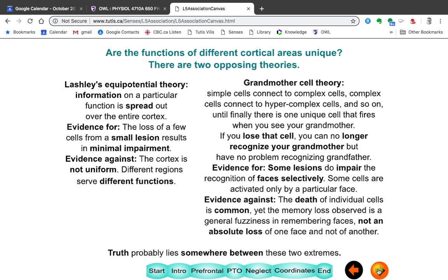It's not just one, because you lose cells from day to day. On average, a couple of thousand cells each day disappear for a variety of reasons, and you just don't wake up one day and forget grandma, but not grandpa. So there are many cells that store grandma, but they're all concentrated in this small area called the fusiform face area. Fusiform face area probably contains several million cells.